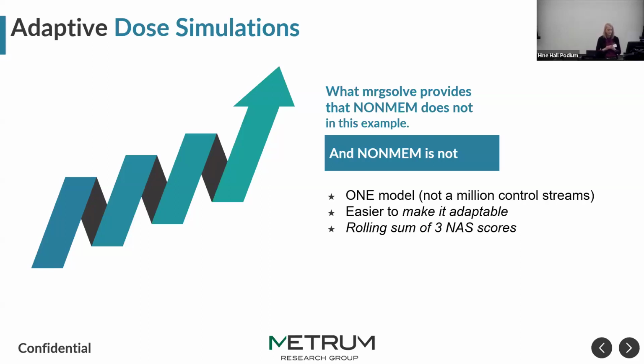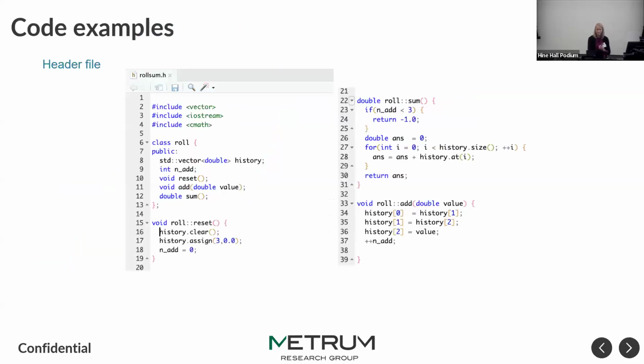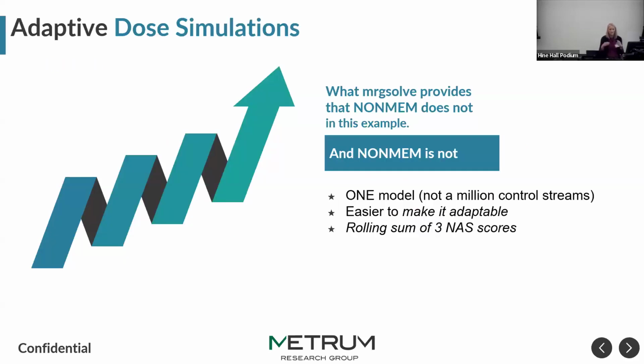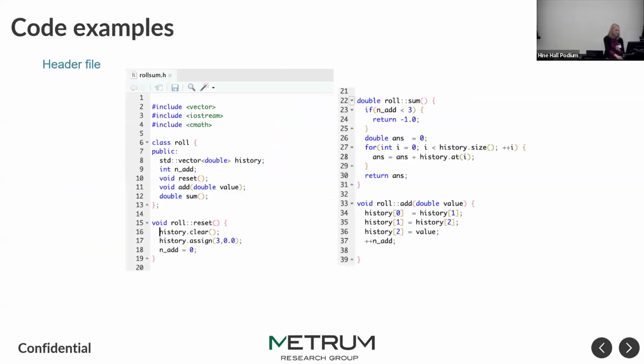So it's way easier to make it adaptable. Probably the most important aspect of MRG-Solve is being able to more adequately represent the simulations. So we can, in real time, compute that rolling sum of the Finnegan scores that are required for the uptitration or the weaning. Really important aspect.